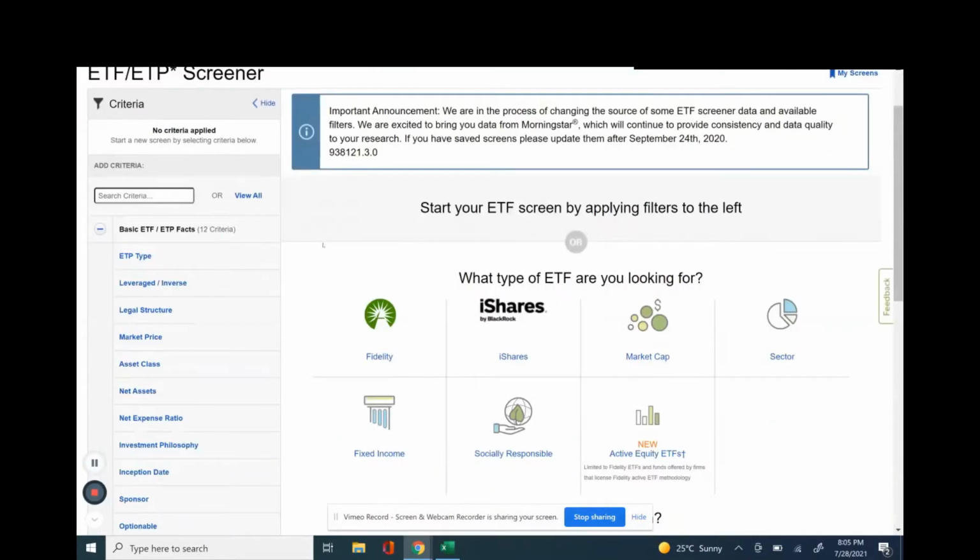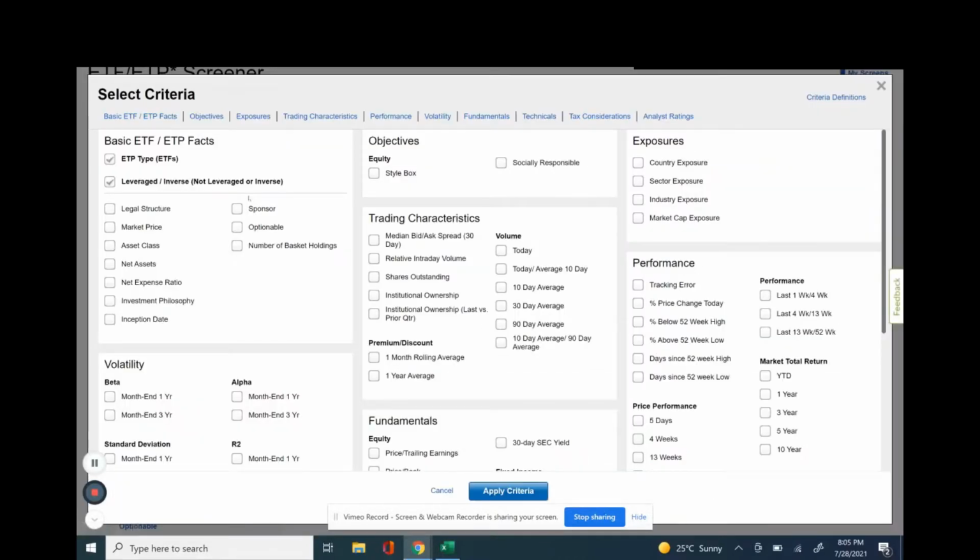So let me go ahead and click View All, because I want to look at the bigger picture and not look at one variable at a time. When you look at this particular page, you have things like your criteria. You've got your basic ETF facts, you've got your objectives, you've got your exposures. Your exposures typically would mean which country they're exposed to, what sectors they're exposed to, and is a good indicator of an ETF that you should either work with or avoid based on what the economic conditions are in that country.